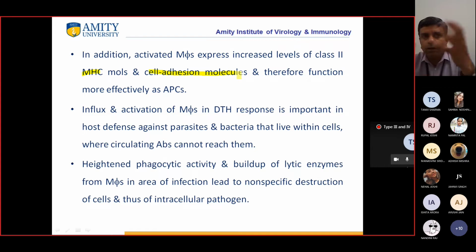And you know, अब obviously जब वो macrophage के अंदर बैठा है, so antibodies will not go there and kill it, so we need some different mechanism, right? So heightened phagocytic activity and buildup of lytic enzymes from the macrophages, you know, will lead to non-specific destruction of cells, right?